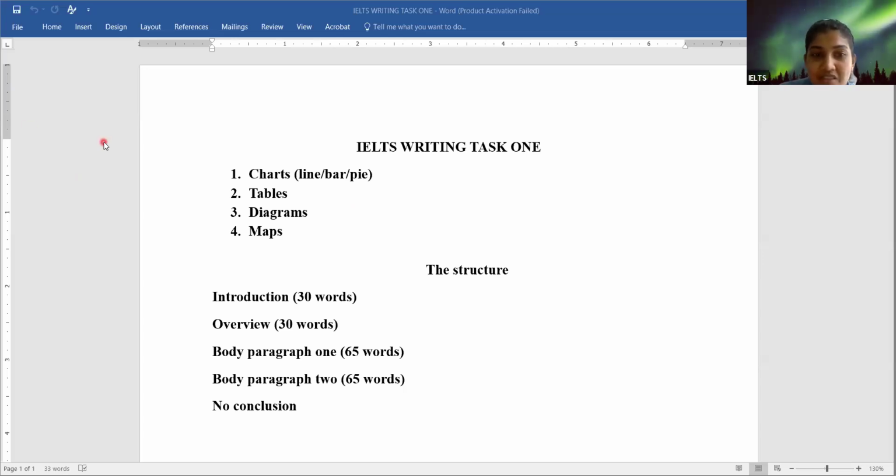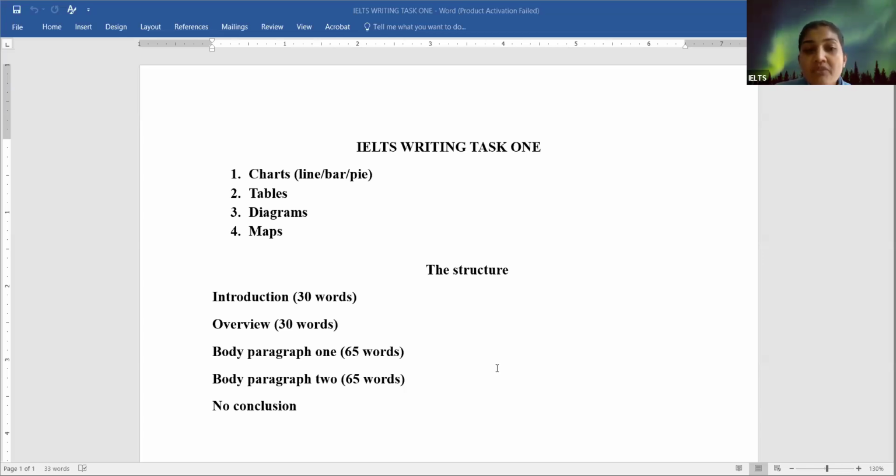Okay, then let's discuss a little on this structure. Basically, dear students, you have to write the introduction related to the statement given in the question. Statement, what's that? When we come to a chart illustration, then before the question starts, there's a statement. So you have to read the statement well and develop your introduction.